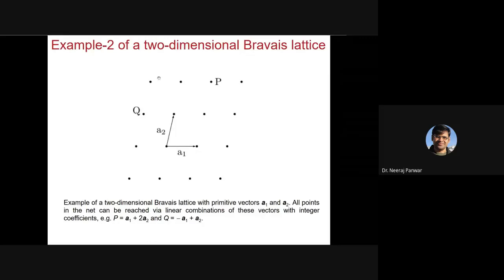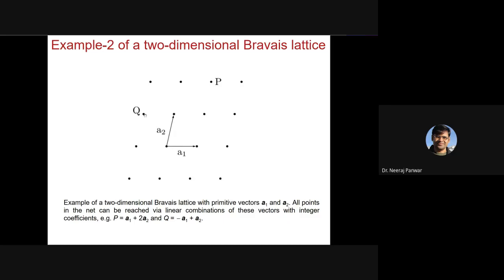Another example of a 2 dimension Bravais lattice: again, we see lattice points arranged periodically, and we define 2 basis vectors A1 and A2. These are fundamental vectors. If we want to reach point P, we have already discussed it: P can be reached by a translation vector A1 plus 2A2.